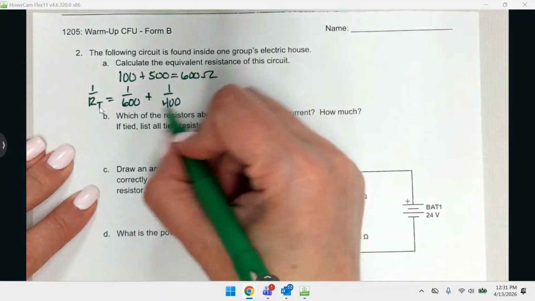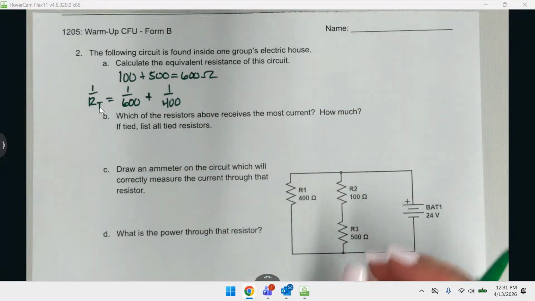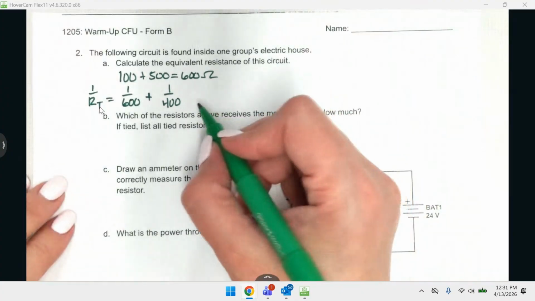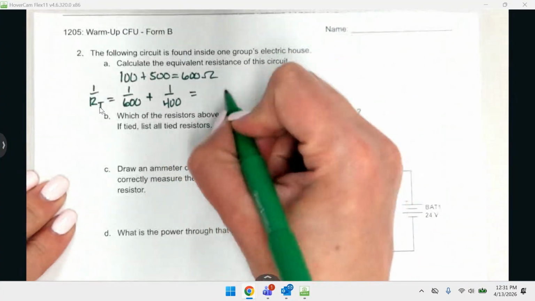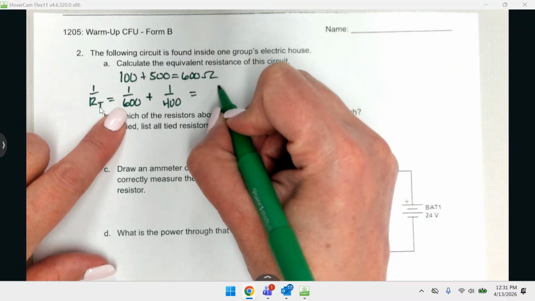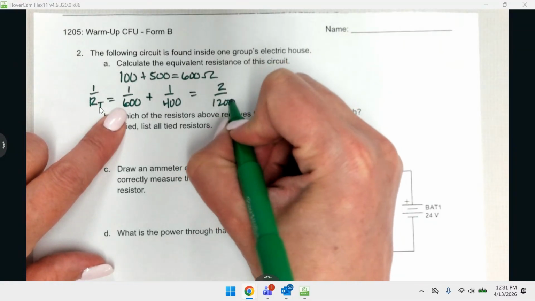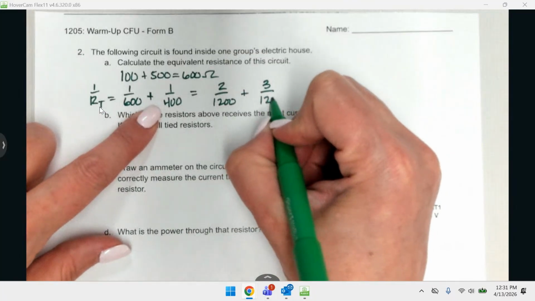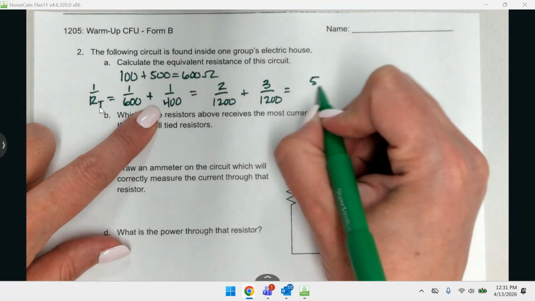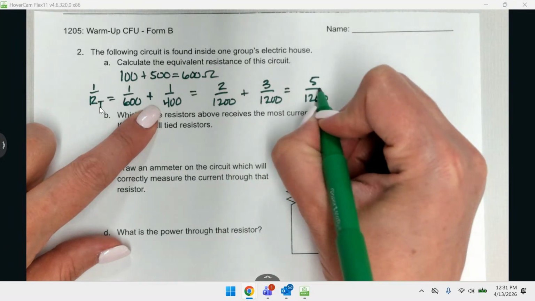Again, when we add these, you need a common denominator. You're welcome to get them both out of 1200 if you want, or you can do this in the calculator, but if I make this out of 1200, it'll be 2 out of 1200, plus this one will be 3 out of 1200, giving me 5 out of 1200.